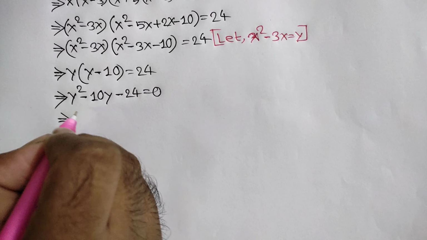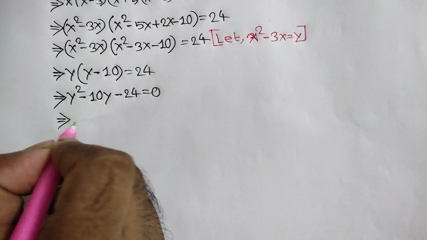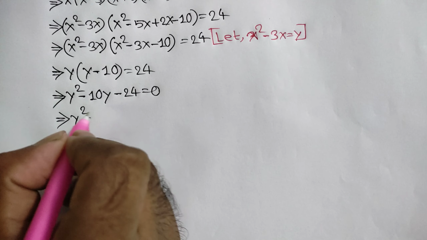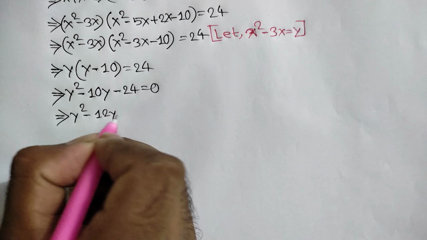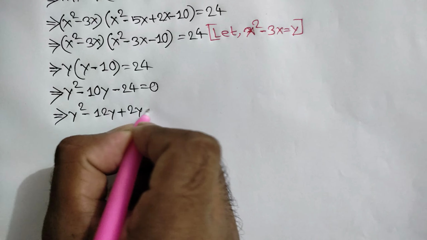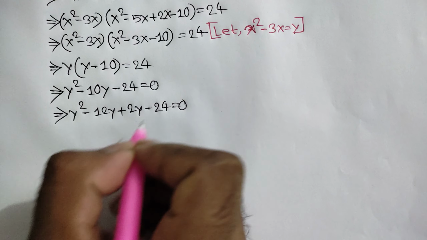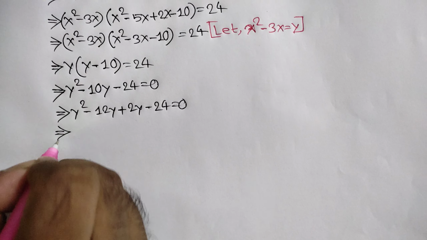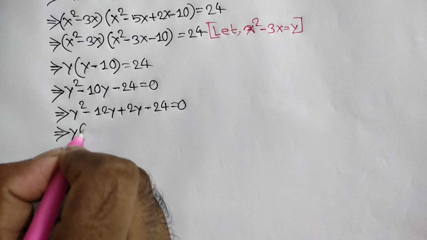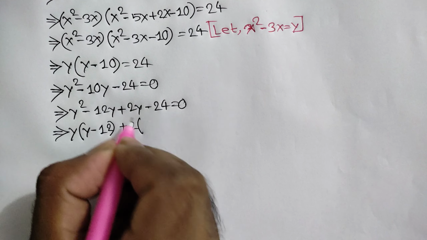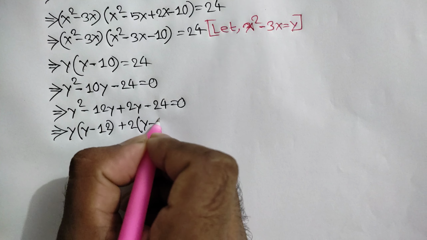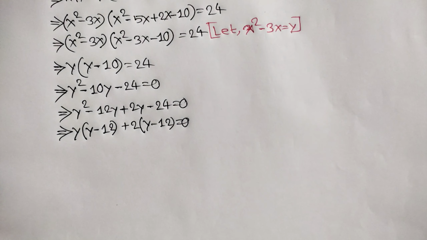Now here we can use the middle term breaking rule, so we can write y square minus 12y plus 2y minus 24 is equal to 0. Taking common y from the first two terms, we get y times y minus 12, and taking common plus 2 from the last two terms, we get 2 times y minus 12 is equal to 0.